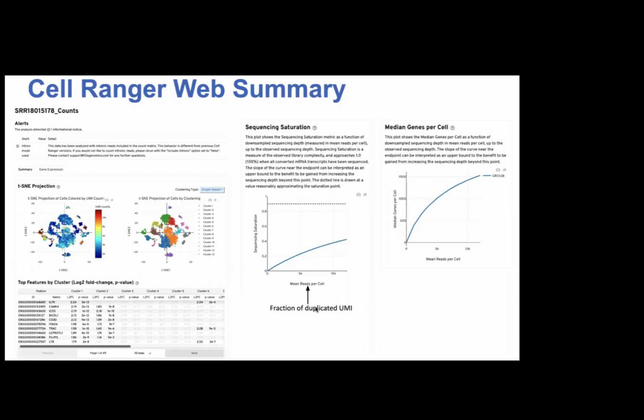And what this fraction of UMIs means, if they're duplicated, let's say in this case, at a mean reads per cell of 5,000, 20% of the UMIs were duplicated, right? So meaning most of them were unique. If I would do more and more, eventually I would just find stuff I already found, right? I just sample from a pool of things, and eventually I've seen it multiple times.